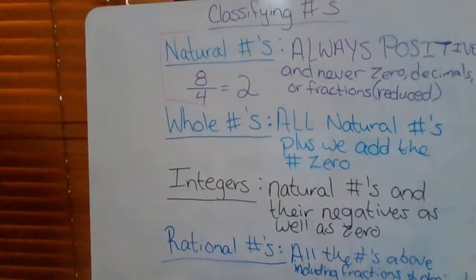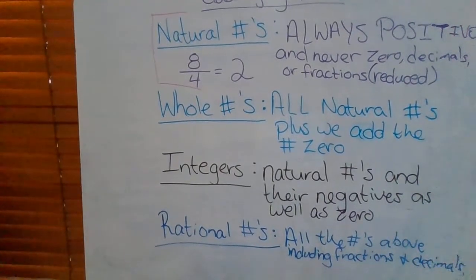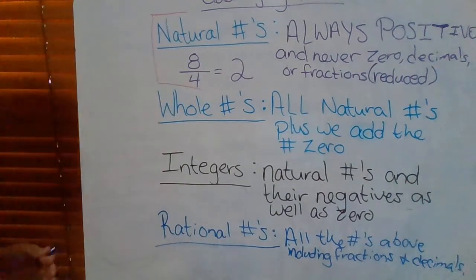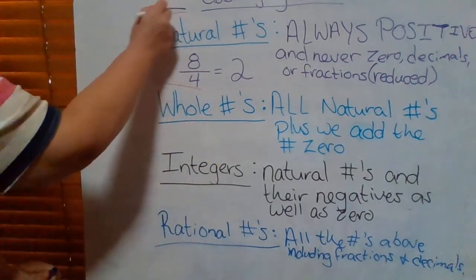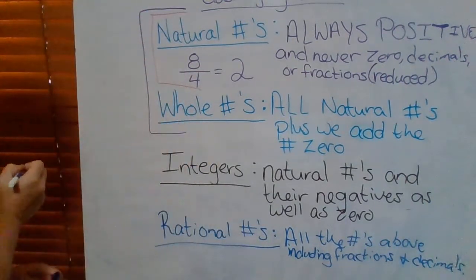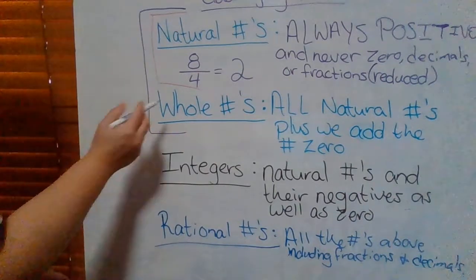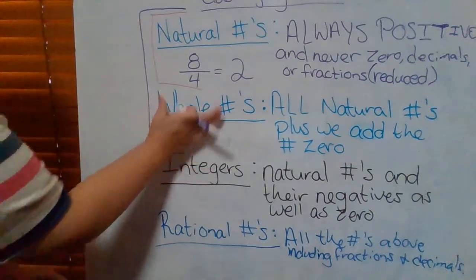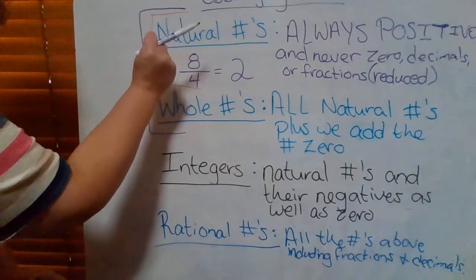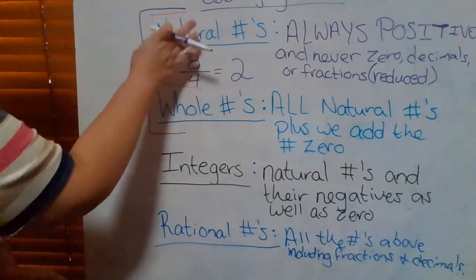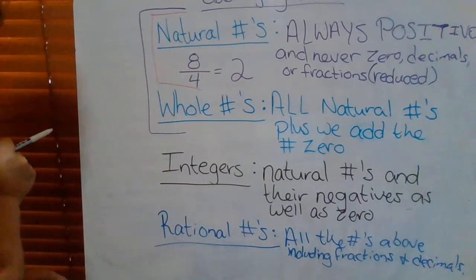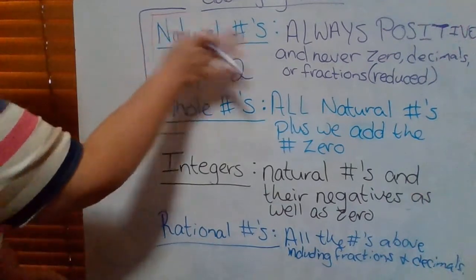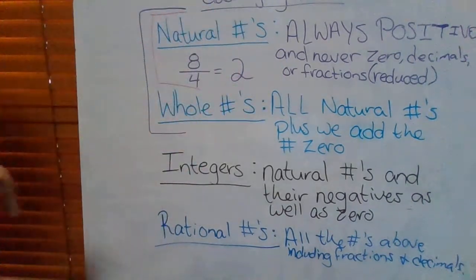Then you've got your whole numbers that come in after that. So the whole numbers hold the natural numbers together as well. Okay? So if it's a natural number, it's a whole number. So the natural numbers are within the whole numbers.